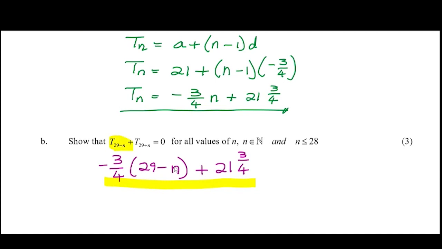All I've done is put 29 minus n in place of the n in this formula. Now I'm going to add, and do exactly the same. So it's going to be negative 3/4, but instead of putting 29 minus n, now I'm going to put in 29 plus n, and I've got the plus 21 3/4.